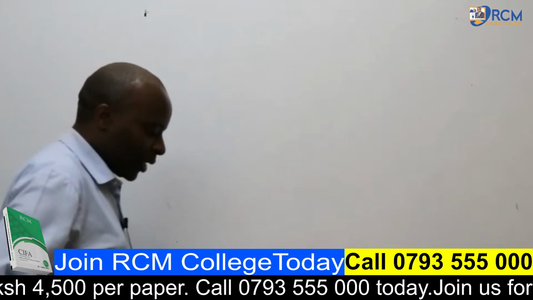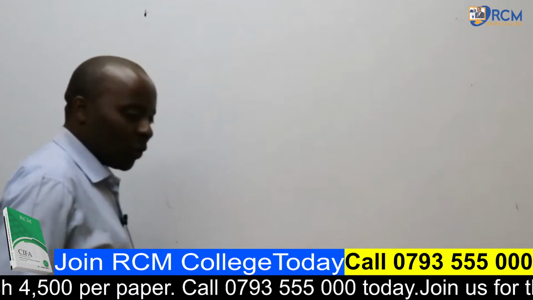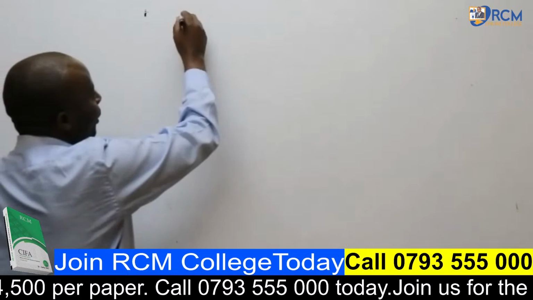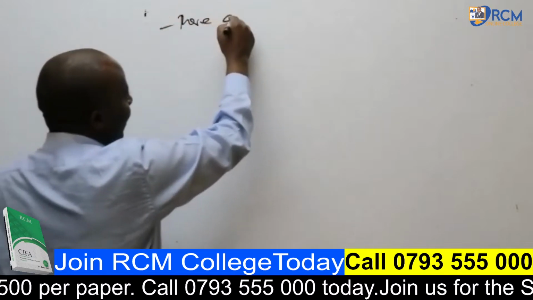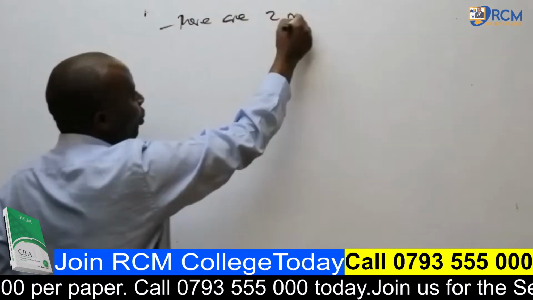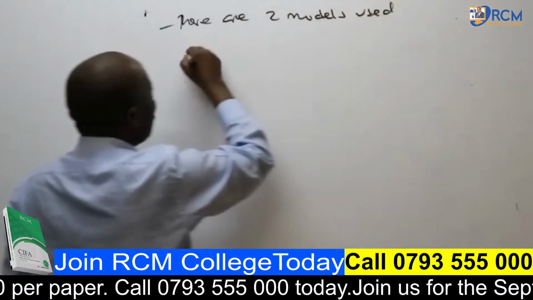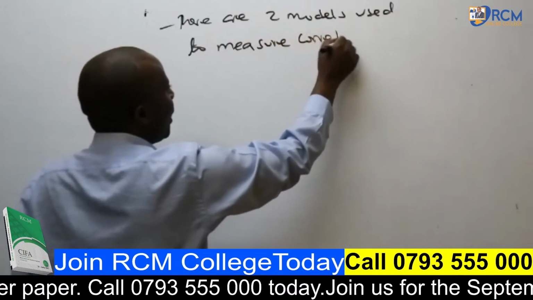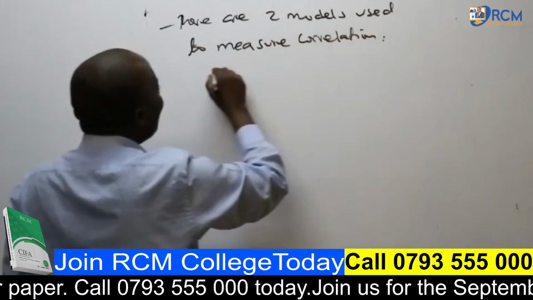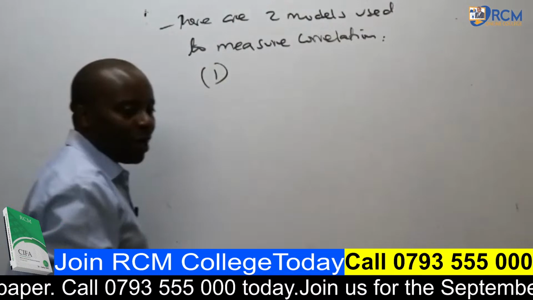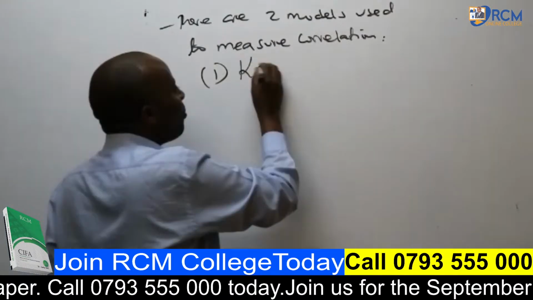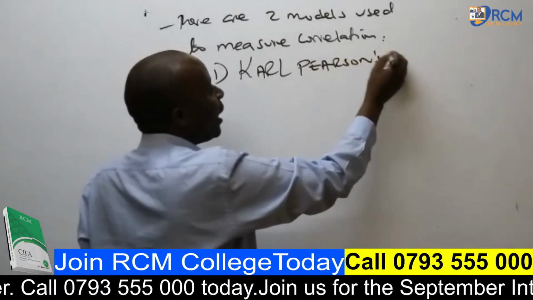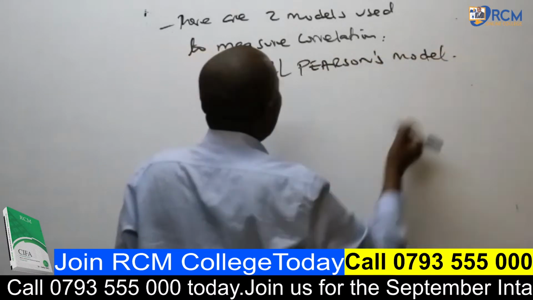Ladies and gentlemen, for us here, there are two models which are normally used to measure correlation. We're writing our notes that there are two models used to measure correlation. Number one, ladies and gentlemen, we have what we call the Karl Pearson's model.